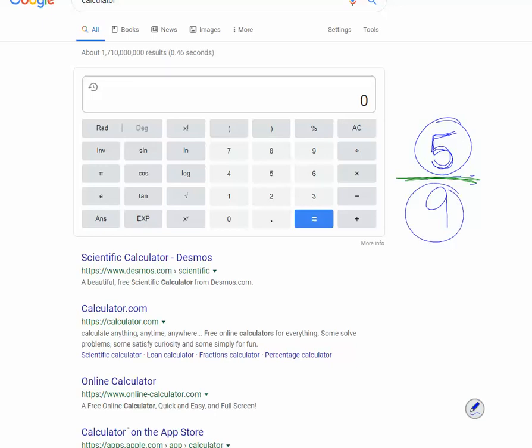So one thing you may have noticed is I don't know if this is intentional. I should look into it. But this symbol for division, doesn't that look like a fraction? So we are going to take our top number, divide it by our bottom number. So we have 5 divided by 9. Now you're going to get a fun repeating decimal here. So you're going to get 0.5 repeating.